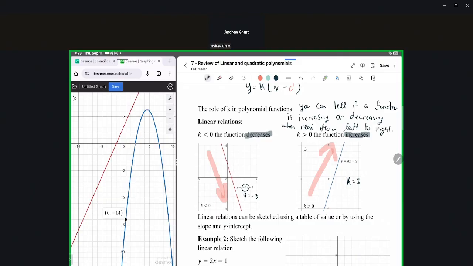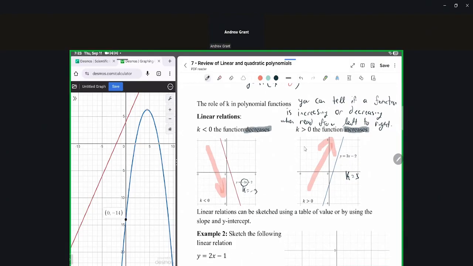So again, if you're looking at the left and it goes down, it decreases. And if it goes up, it increases. And again, you just trace your finger along, see what it looks like.